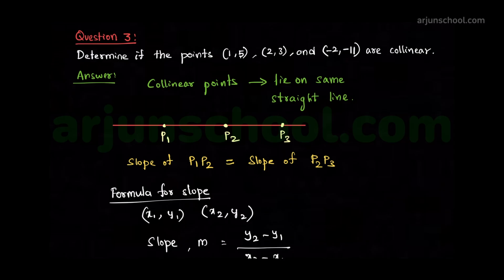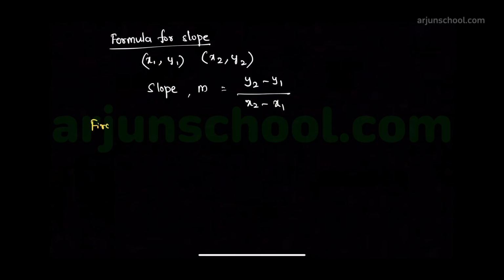Now, for the 2 pairs of points, let us take the first pair of points (1, 5) and (2, 3).